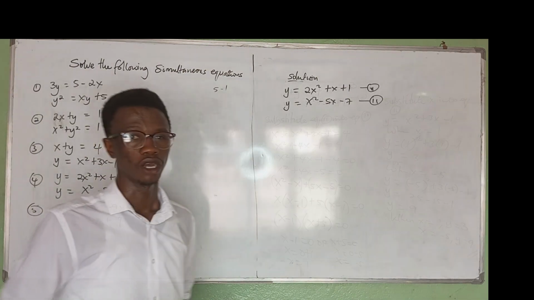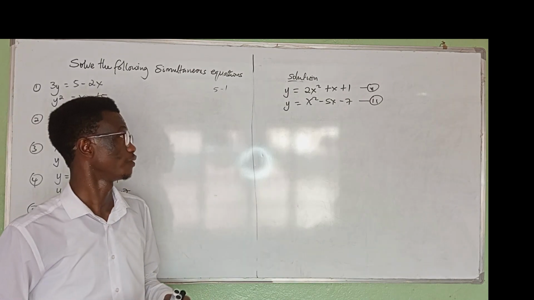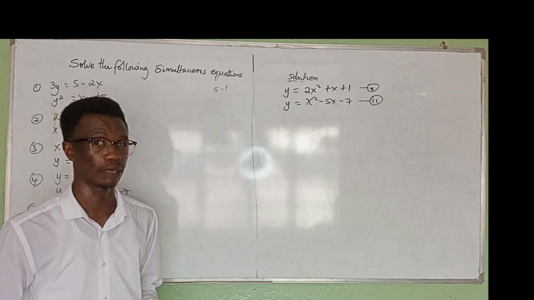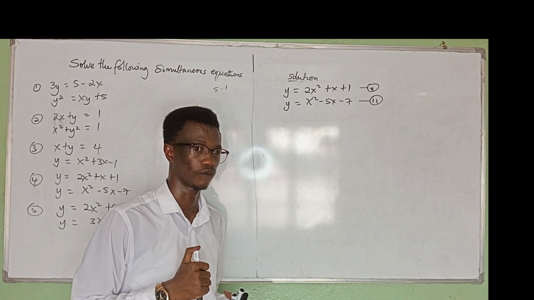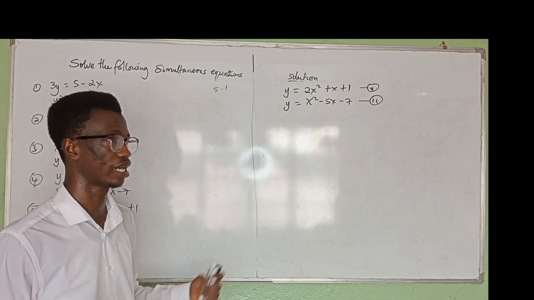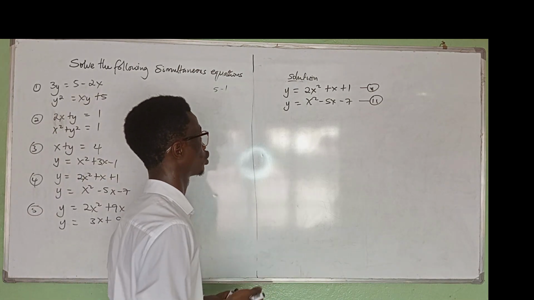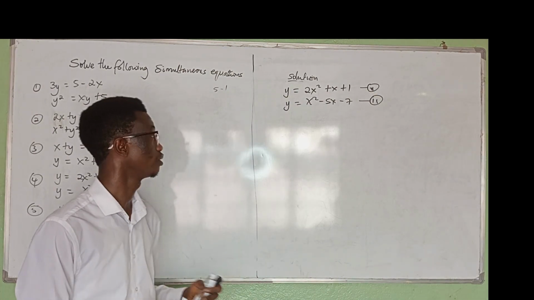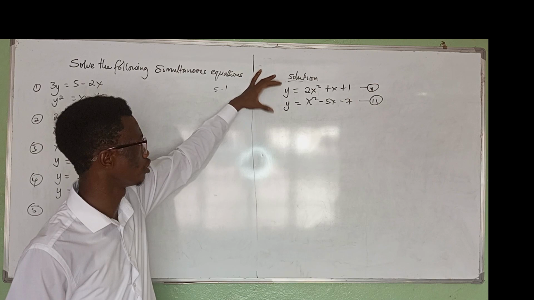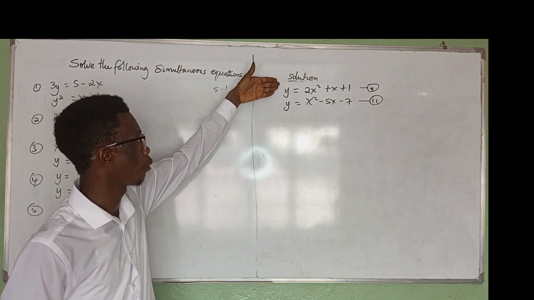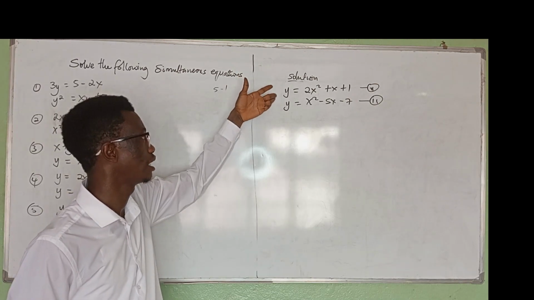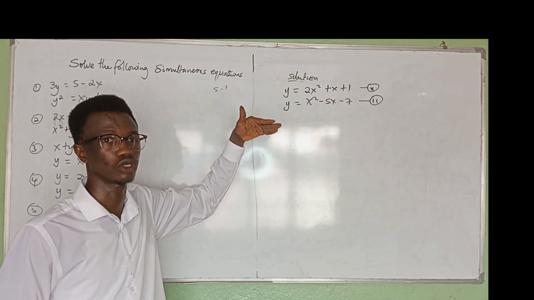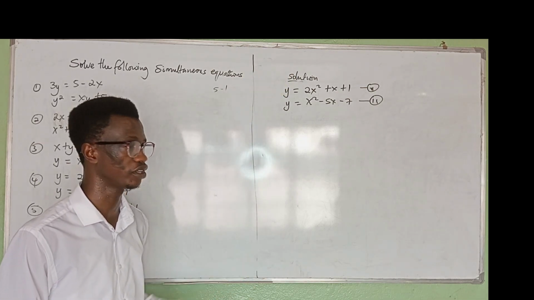So let's look at the last problem for this video. Then, of course, you have to solve the assignment just like what I've said. When you look at this one, it is actually very, very simple. You see that one of the variables, y, in both equation 1 and equation 2, is already the subject of the relation.